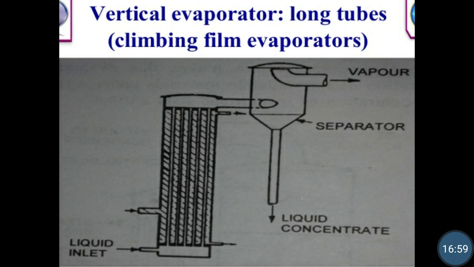These vapors go to the separator, where they are separated from the concentrated liquid. The concentrated liquid is collected at the bottom of the separator, and the vapors go to the condenser, where they condense back into liquid and are separated from the evaporating liquid.